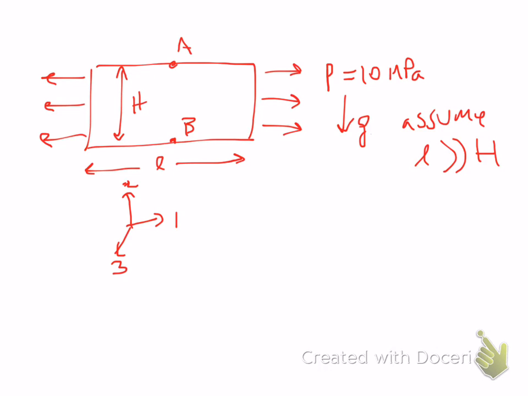What if L and H were equal? A and B might still be the same, but what would happen as we got closer to this edge?